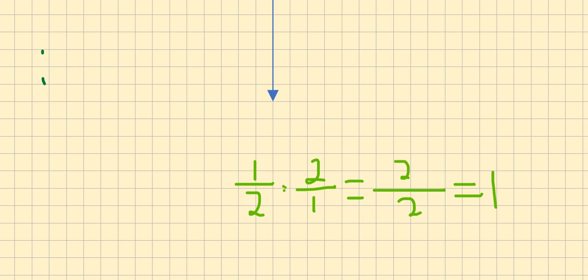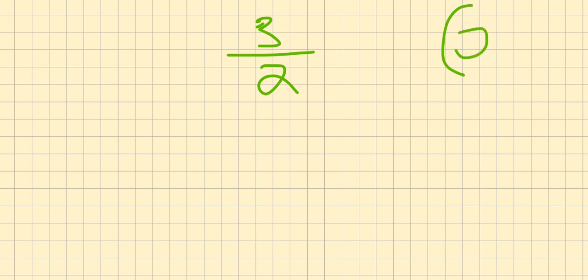So let's say we have a scale factor of 3/2, and we're going to multiply it times, let's say 2, 4.